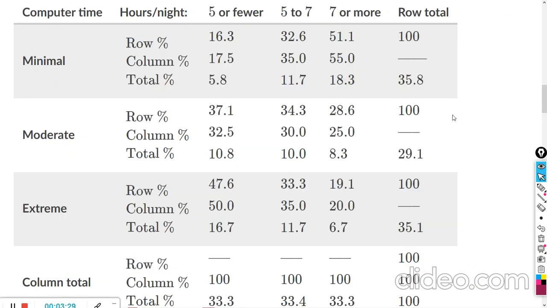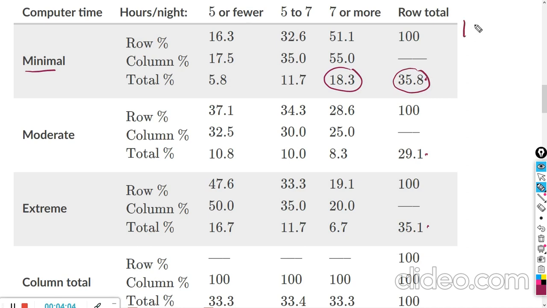Okay, let's see. So as you can see, if you add this and this and this, it's going to add up to 100%. Okay, so like it says, these are total percentages. All right, let's see out of the minimal computer users, how many get 7 or more hours sleep. We have 18.3% out of 35.8%.